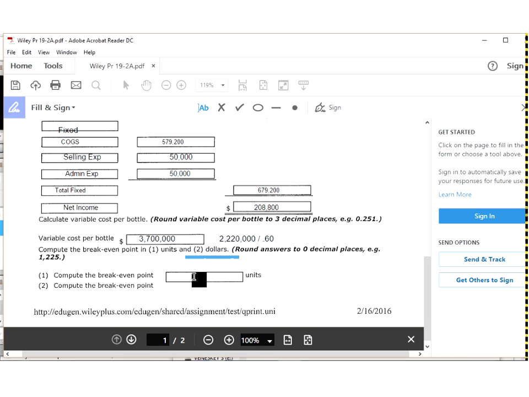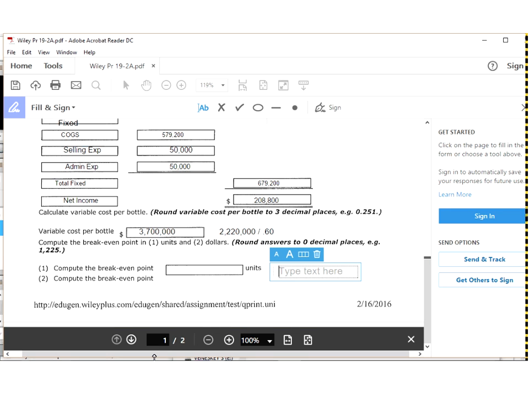All right, now that brings us to our next point here. Compute the break even. How many items do I need to sell? I sold 3.7 million, but how many did I need to sell to actually just break even? Well, if you go back to the notes that we talked about in my example, remember, break-even point in units is your fixed costs divided by your contribution margin.